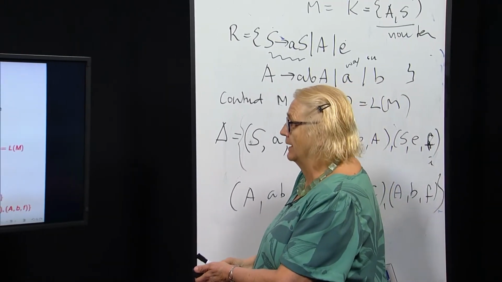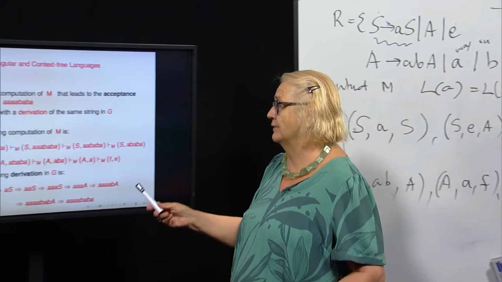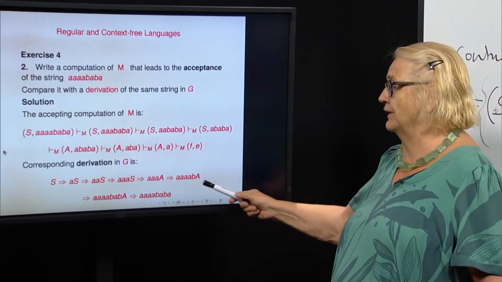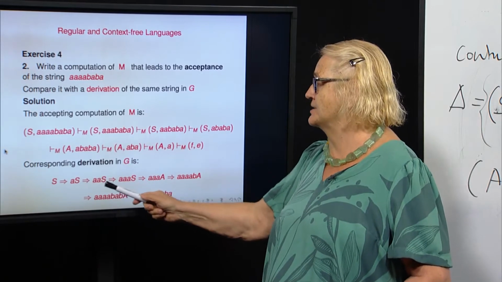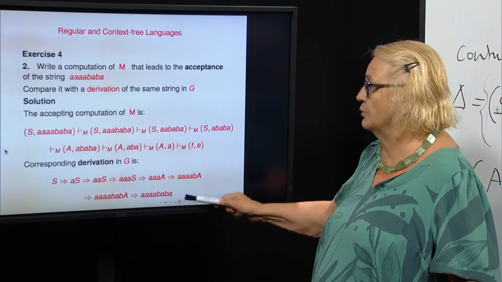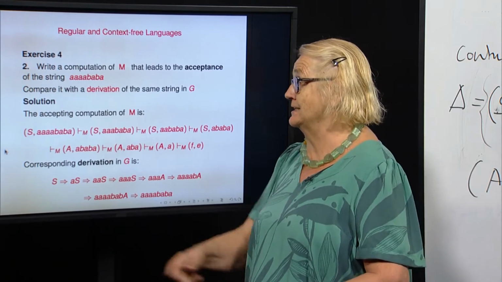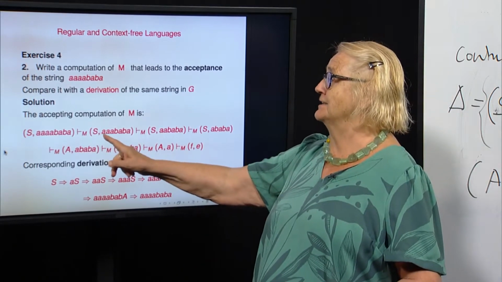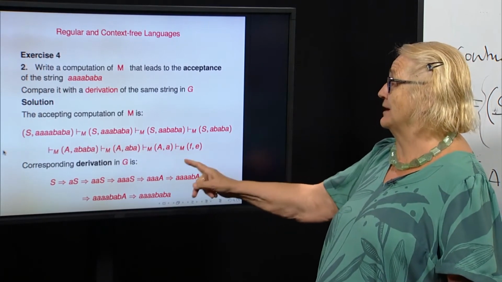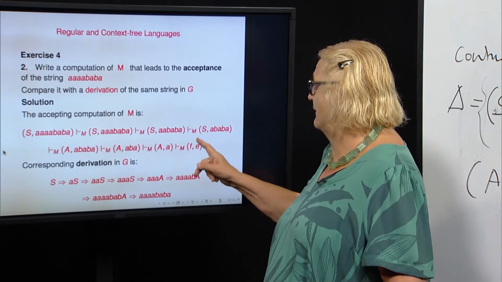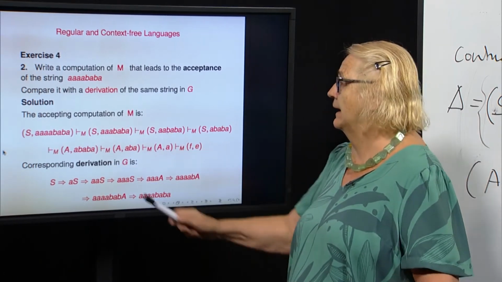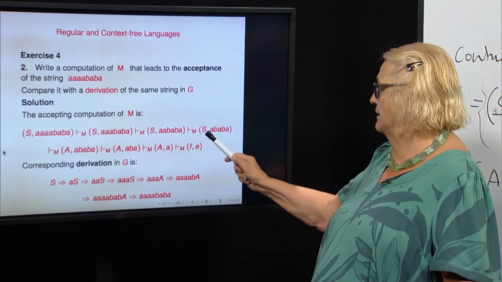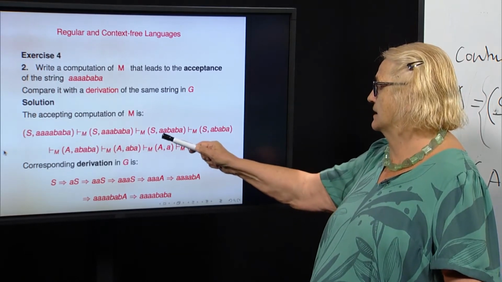So, for example, here I wrote the derivation of the grammar would be A, S, and now the automata takes this word. In the state S, it reads A, goes to the state A. Now in the state S, read A, and so on until it gets to B, right?